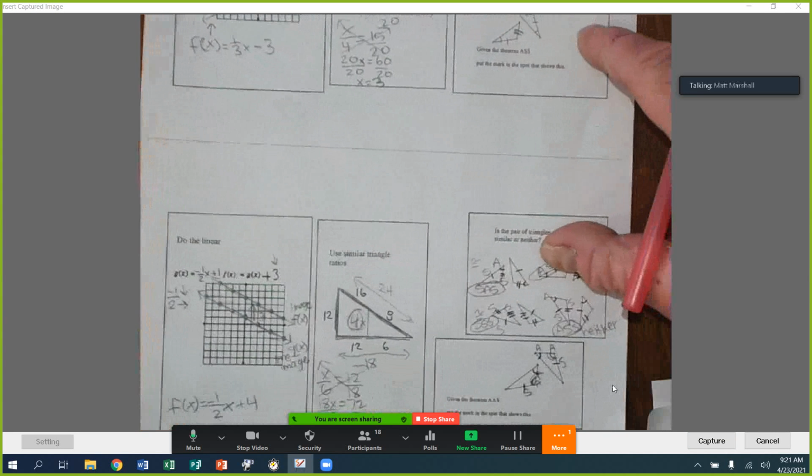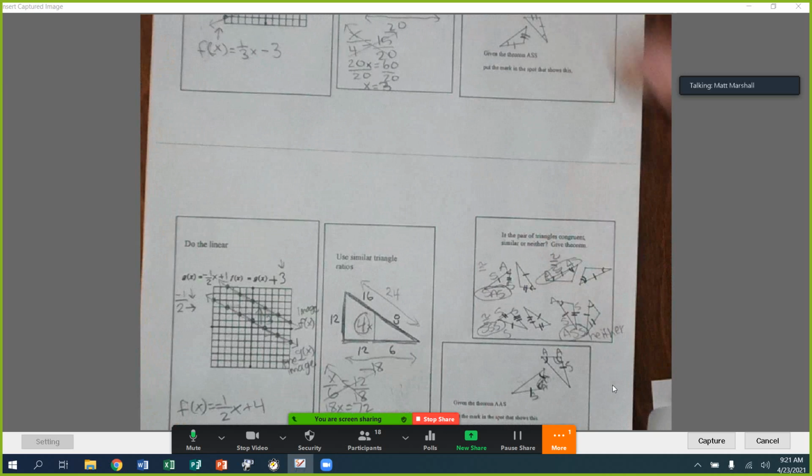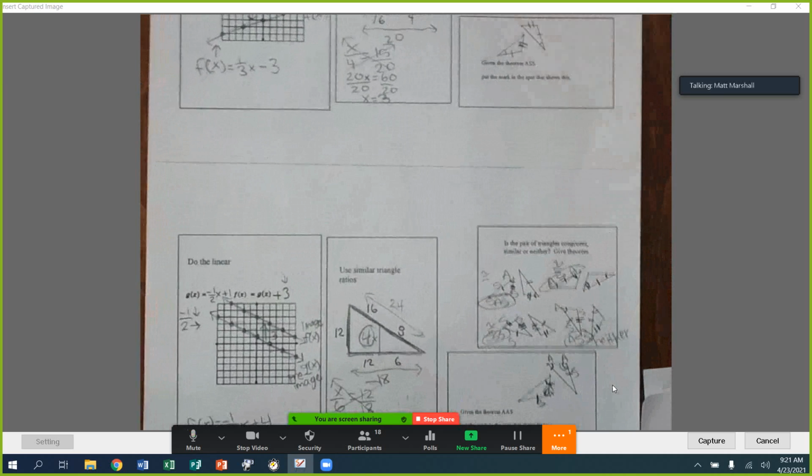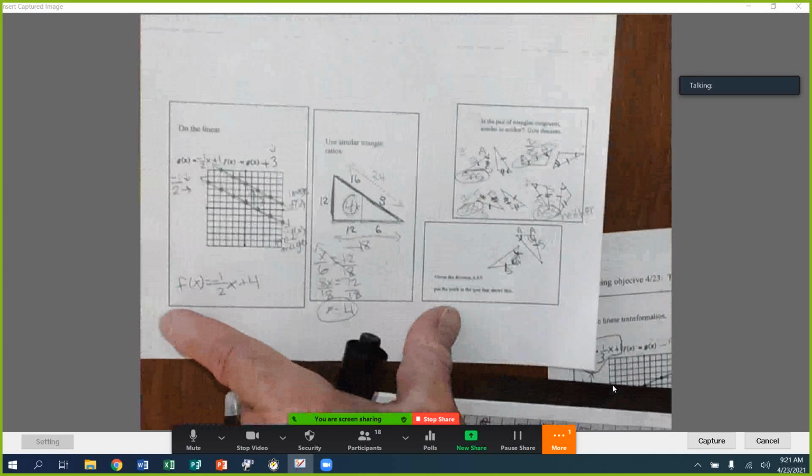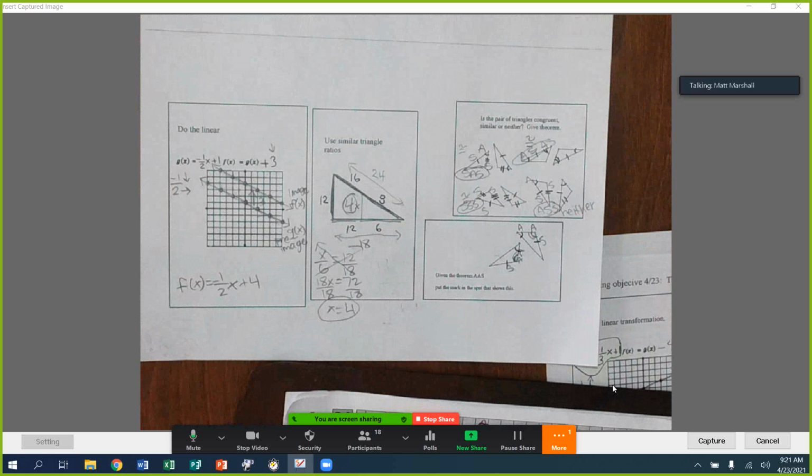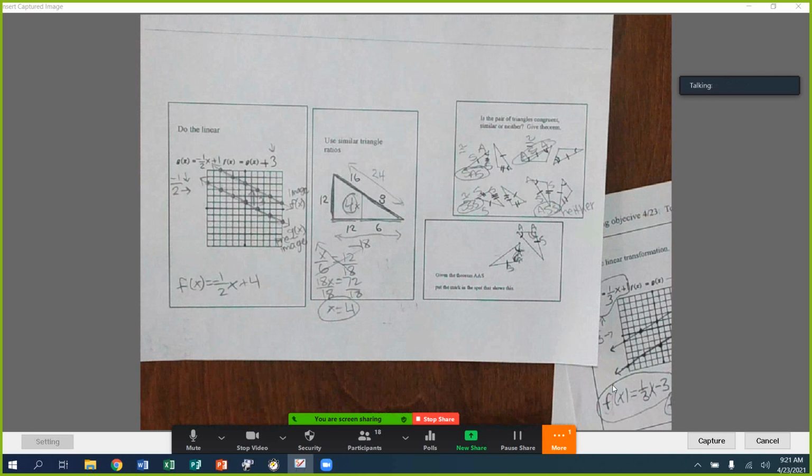All right, can you explain the problem of your choice? For the middle one, for 12, you do 12 plus 6 for 18. Good. And then 16 plus 8 for 24. Good job.